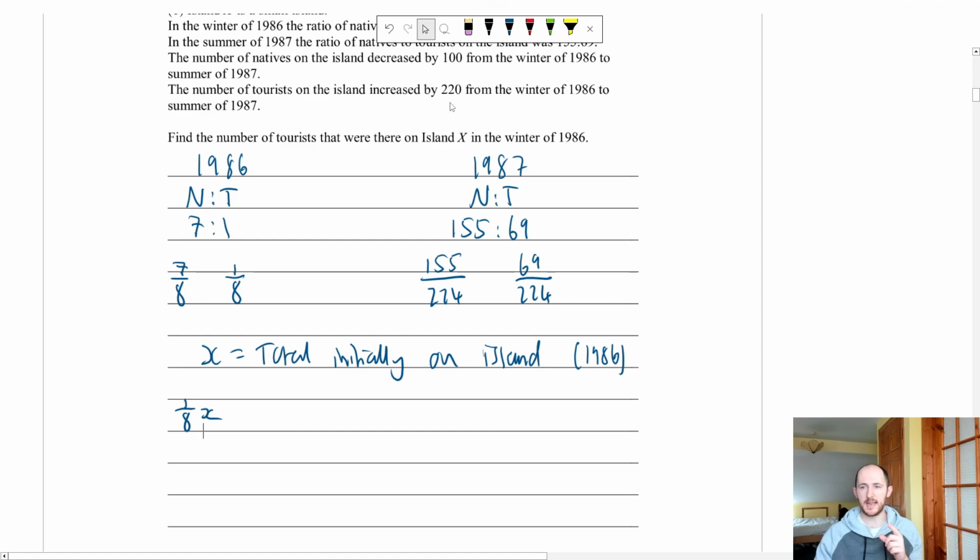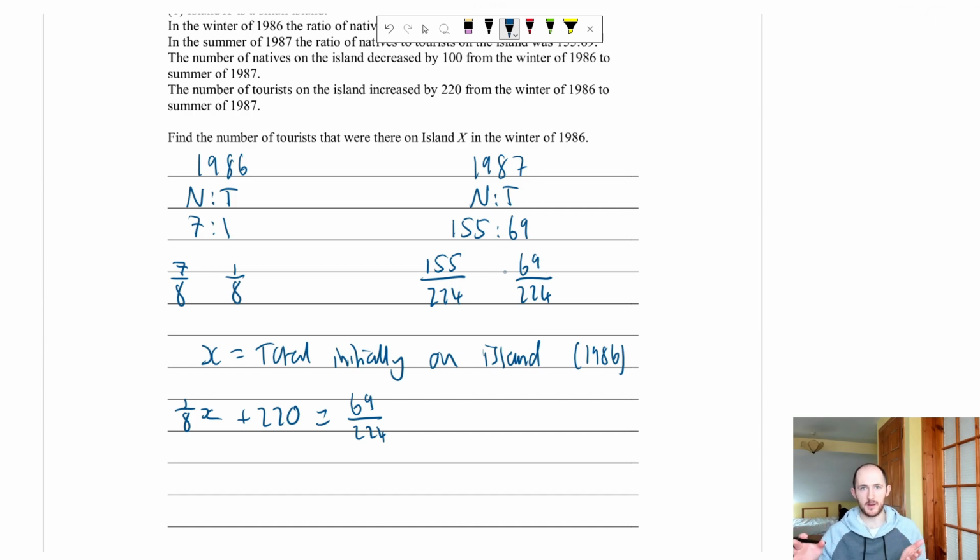Now, in 1987, 220 more tourists come onto the island. Does that make sense? So again, just to go over it, total number of tourists initially, and then 220 get added. Now that should be equal to the fraction of tourists that are on the island in 1987. So that's 69 over 224.